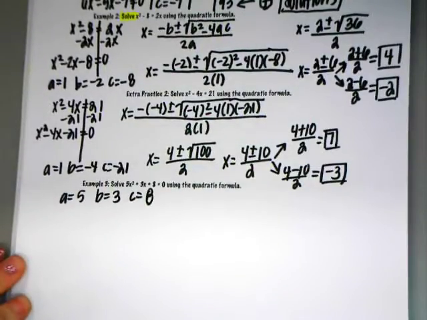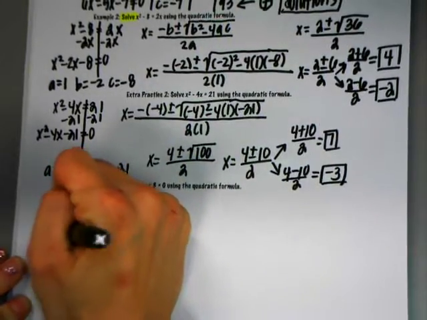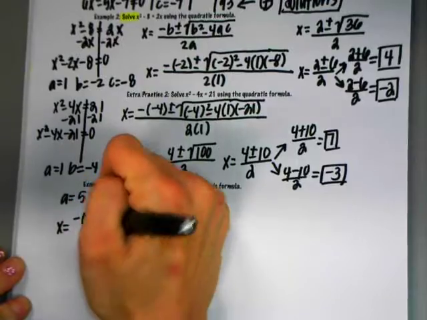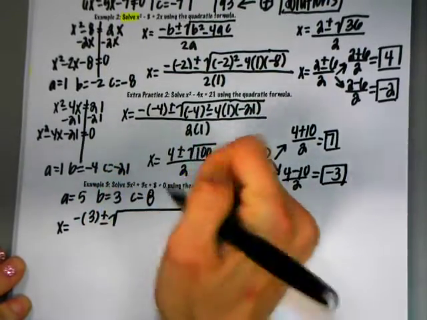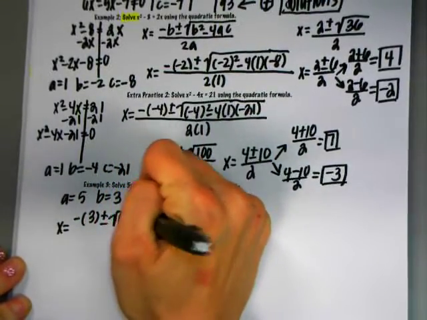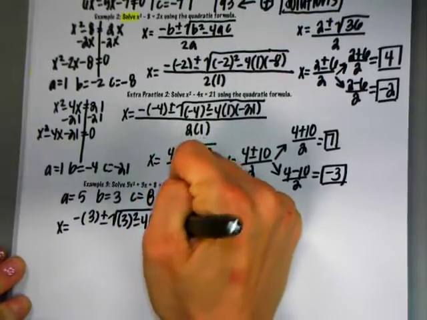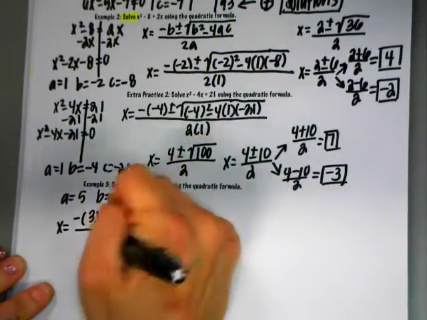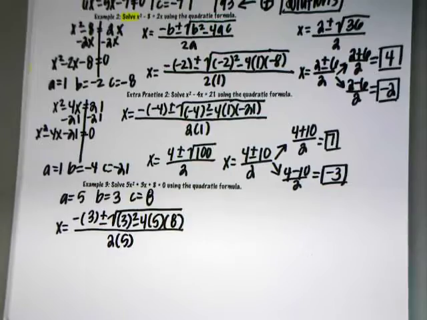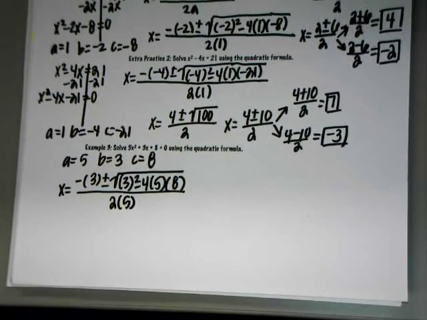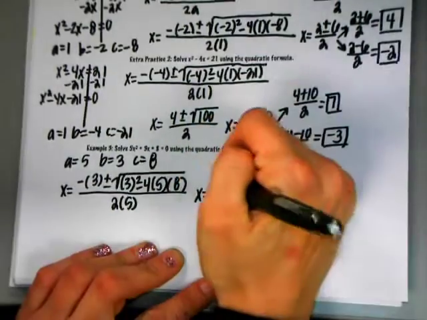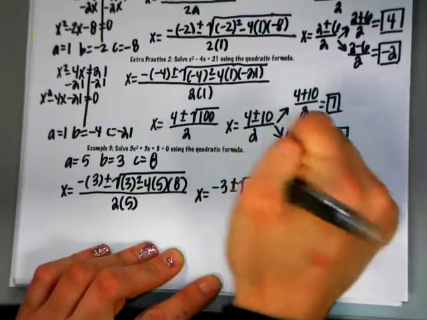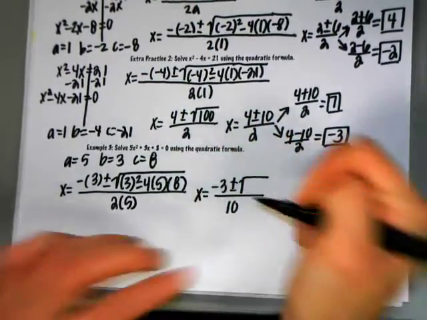Okay, so put it all in. x equals negative b plus or minus the square root of b squared minus 4 times a times c, all over 2a. So you're going to have negative 3 plus or minus something over 10.